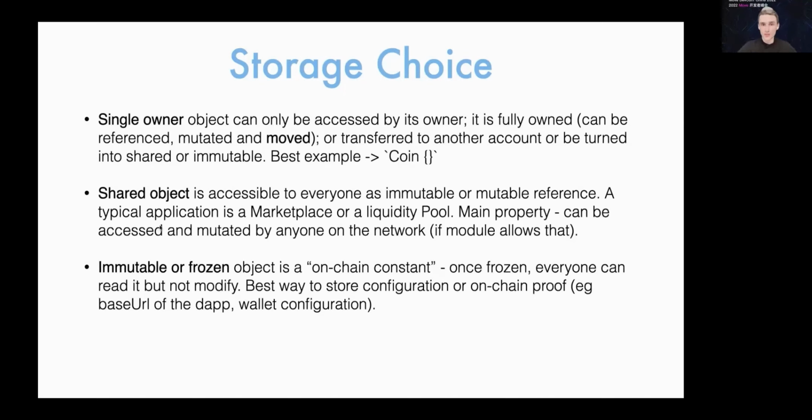Immutable or frozen objects are tricky ones because it's really hard to find an application for an object that is just placed on chain and is not used, because you can't mutate it, you can't change it. And so with immutable objects, I think the best way to use them is for configuration, or if you need to supply an on-chain proof, like the URL of your dApp.